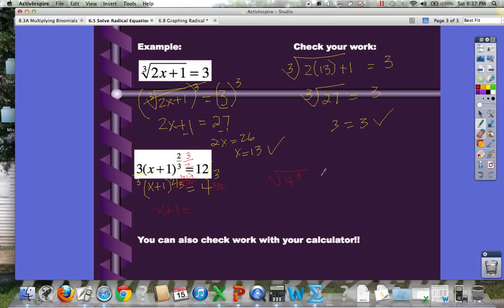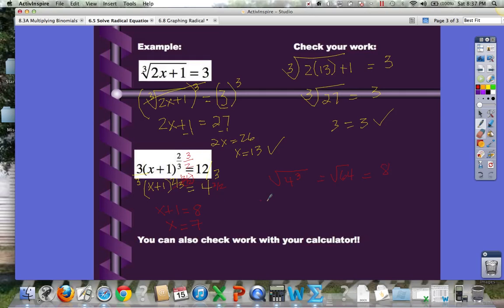So this is the square root of 64, which is 8. So this is now going to be 8. So that's going to be x plus 1 equals 8, and you subtract 1. So x equals 7.